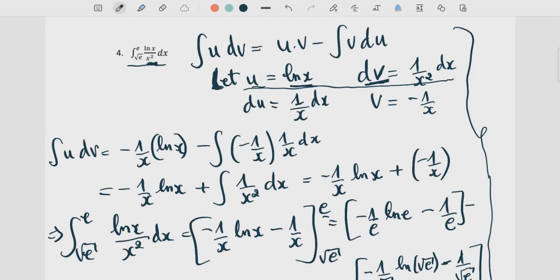Because if you think about it, when you're working with multiple questions like this, and you need to make very quick decisions in terms of which function is u, which function is dv, if you have a method that makes the selection easier for you, that's a method that you need to know.